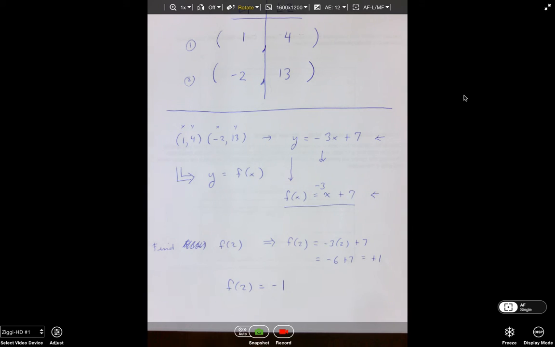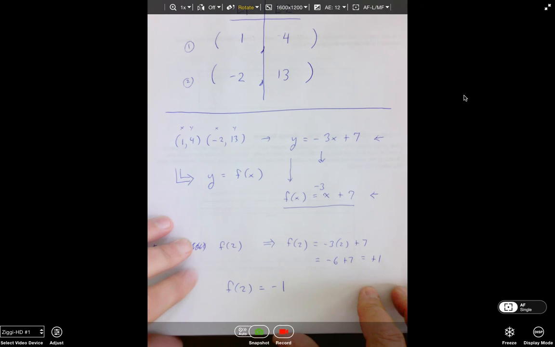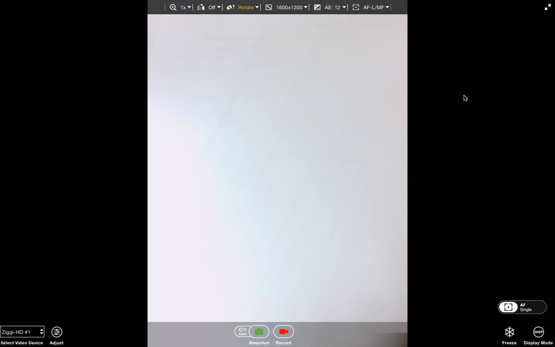Now, it's really handy when we have functions that actually mean something. The 1, 4 and negative 2, 13 are just x's and y's that I made up for illustration. But in our problem right here, we have cost of widgets and number of widgets.